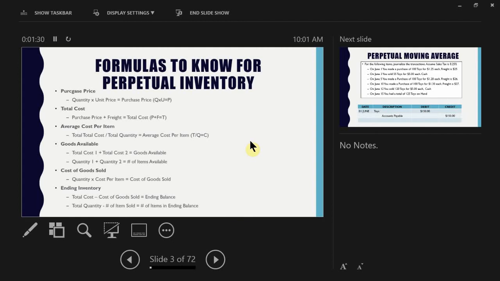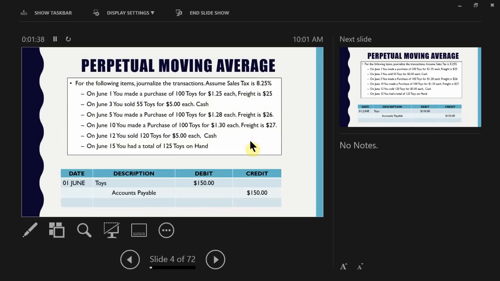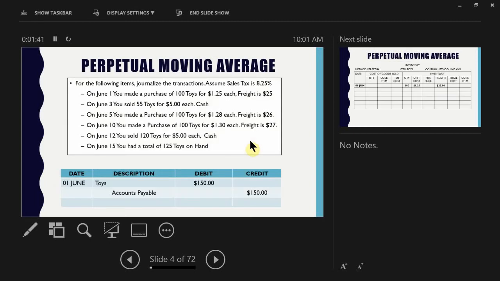The only difference is that instead of a cost per item, we have an average cost per item. Same scenario, but now in the context of moving average. You're going to see how every time we make a purchase and every time we sell something, the average is moving along, okay? And that's why we call it moving average.